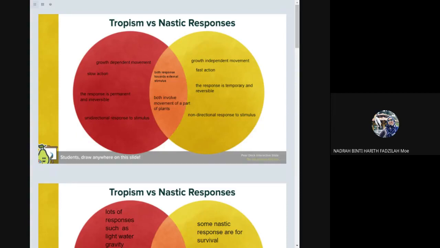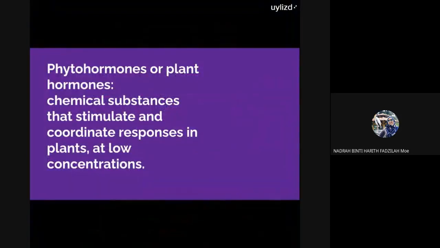So the growth of plants is influenced by phytohormones. Kita tahu plants respond kepada stimuli, tapi macam mana plants nak rancang which area grow to which part? Which part will grow? Which direction that particular part will grow? So that is the function of phytohormone. Atau nama lain, phytohormone ni ialah nama canggih for plant hormones.